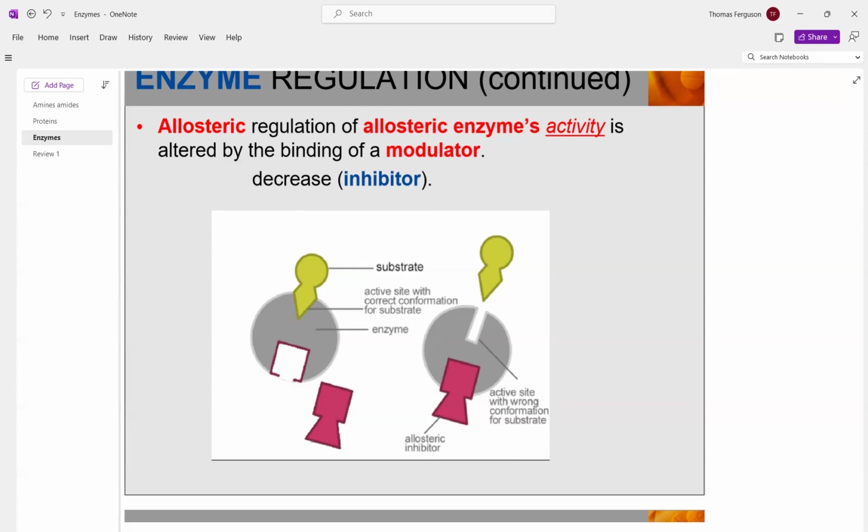If it's going to inhibit, it changes the active site from something where the substrate can fit in to where it can't fit in now. That's allosteric inhibition. And the opposite is true.